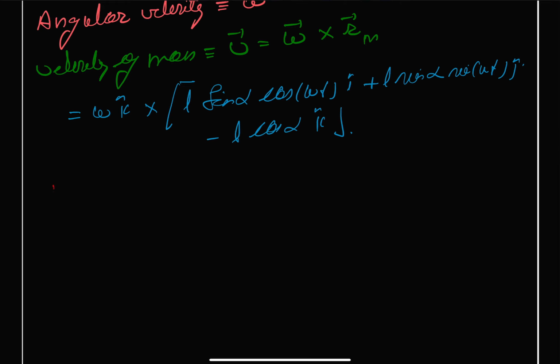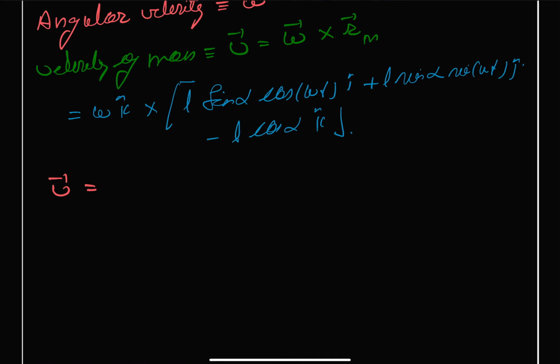Therefore we can say that our velocity will be coming as we have k cross i and k cross j and k cross k. k cross k will be giving us 0, and k cross i will be giving us j, and k cross j will be giving us minus i.